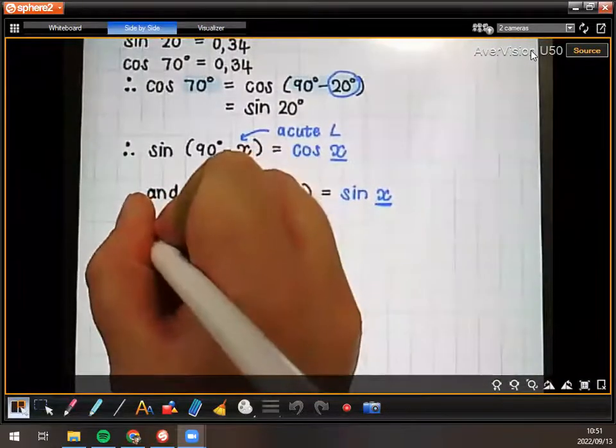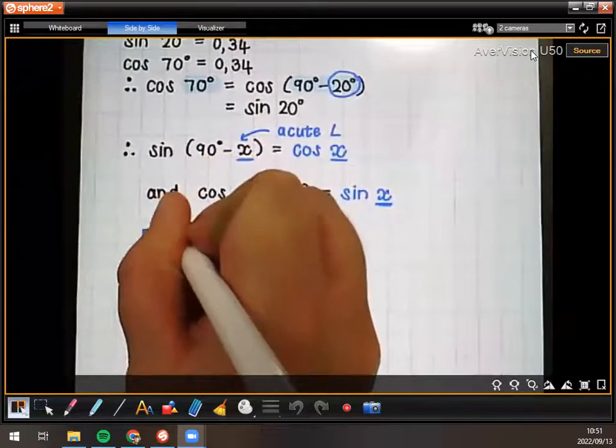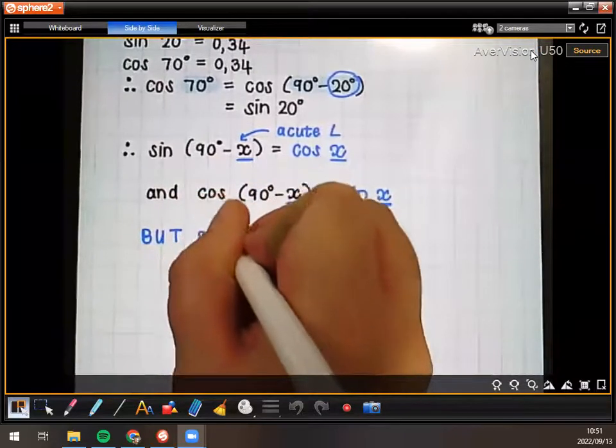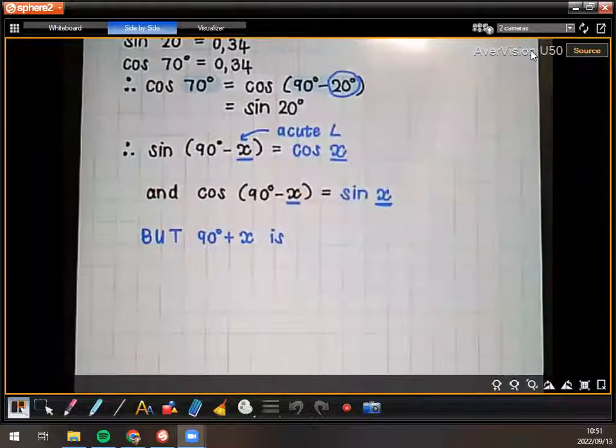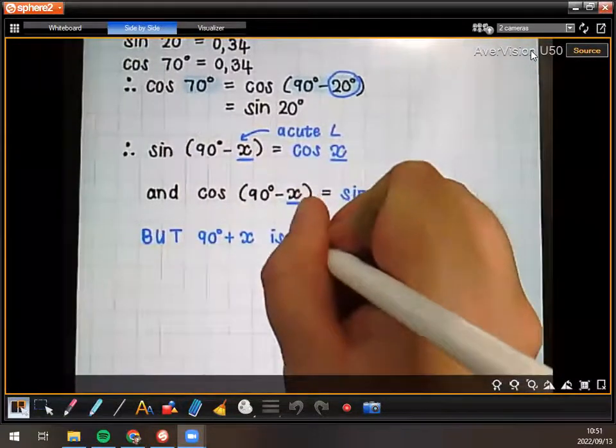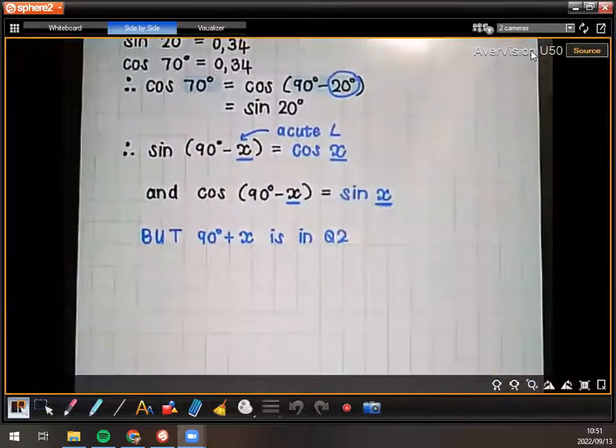So guys, when you are working with 90 plus x, it is slightly different because 90 plus x, that angle is in the second quadrant. 90 minus x is a nice one because which quadrant is 90 minus x? Quadrant 1, right? And all the trig ratios are positive in quadrant 1. So that's why I haven't really been looking at signs. Okay, because 90 minus x, that's quadrant 1, it's always positive.